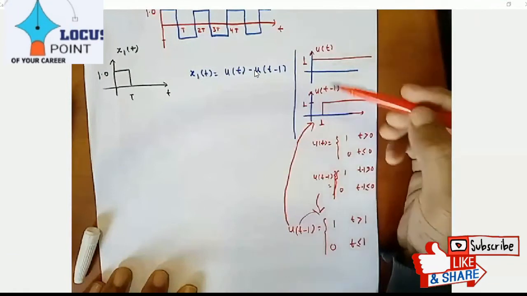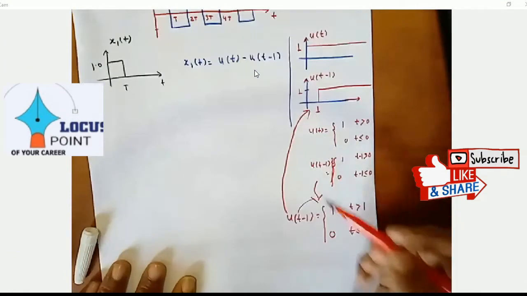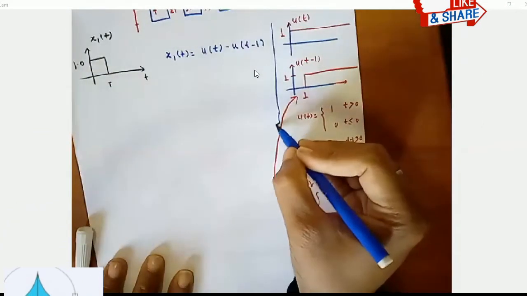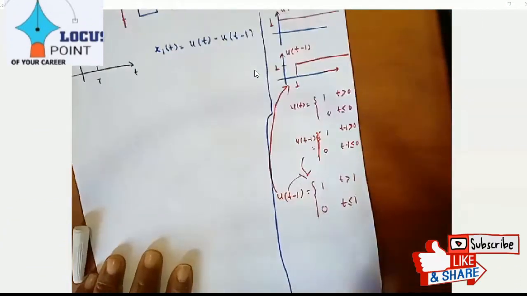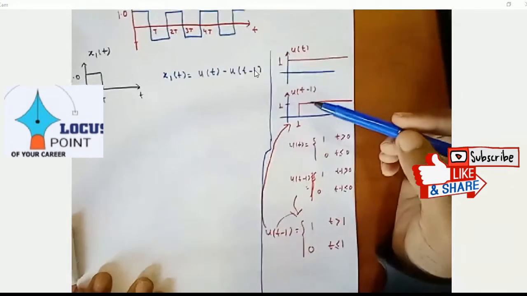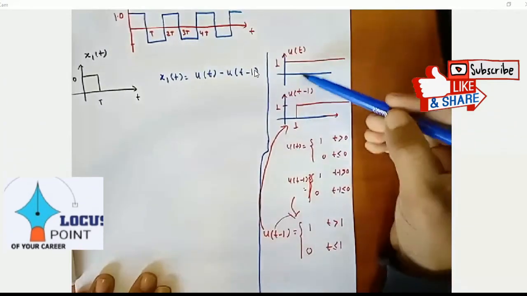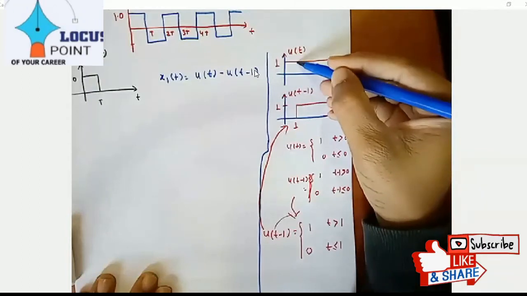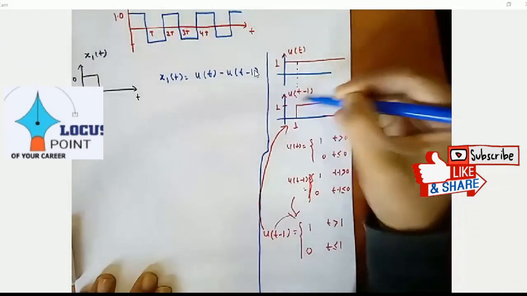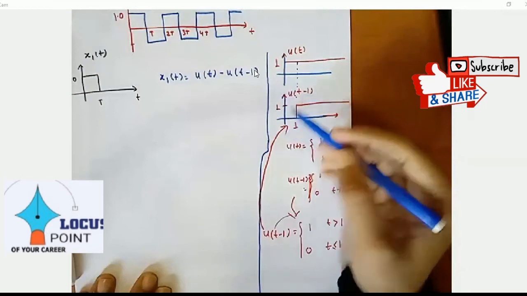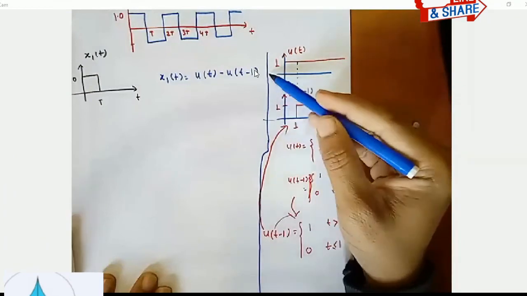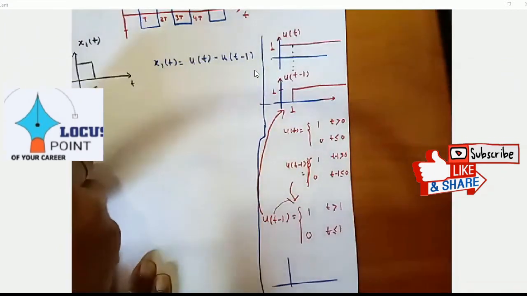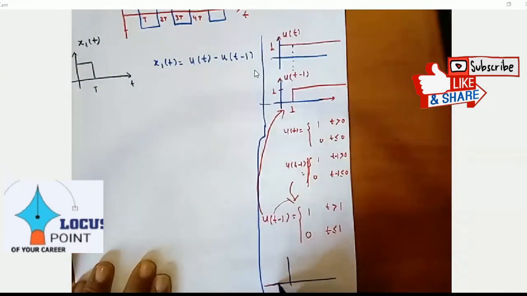Now if I subtract these two, what will I get as the result? Okay, if I am subtracting, look here. Before 1, this part is 0 and this is 0, so 0 minus 0 gives 0.